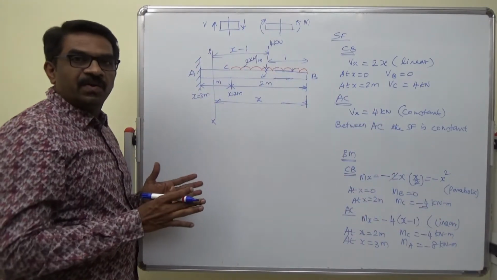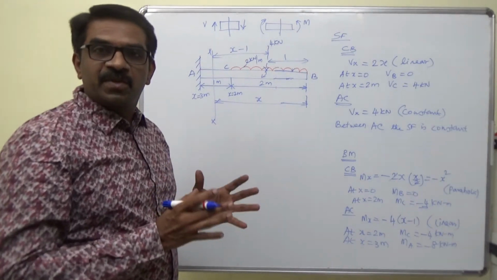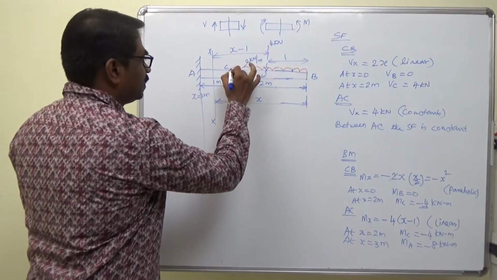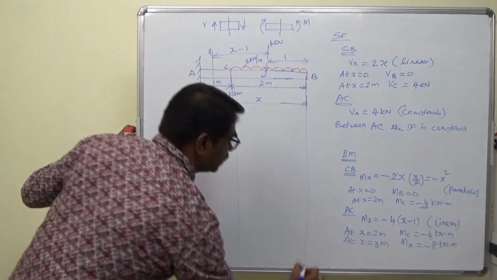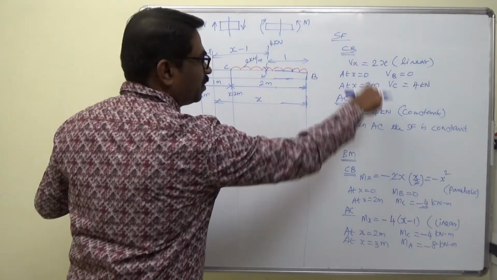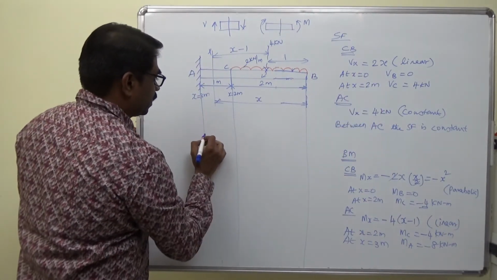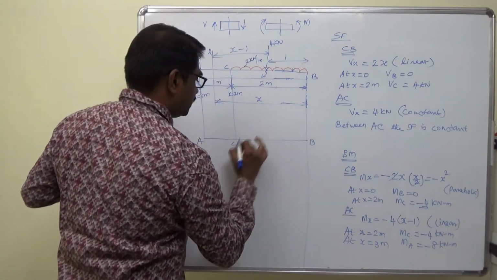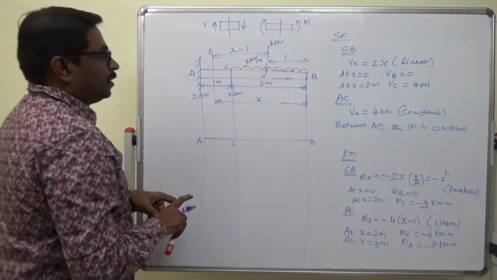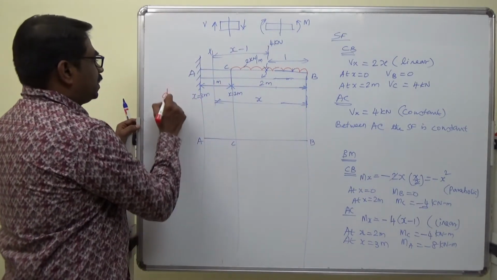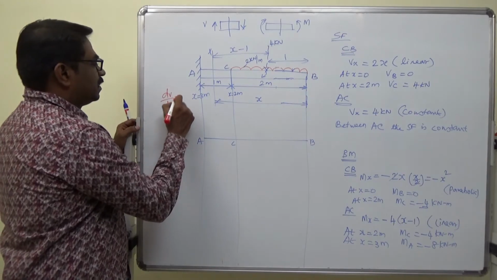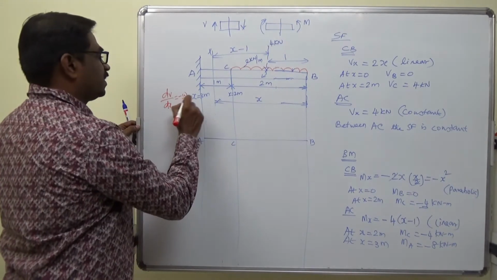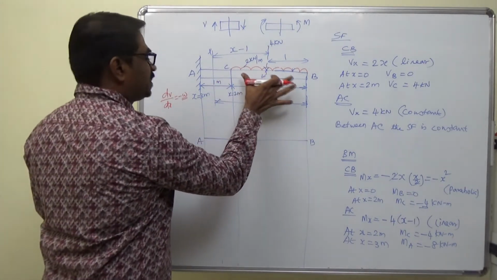Now let me draw the shear force and bending moment diagrams. So I will extend this, also extend this, and also draw this. It's going to be positive, so A, B, C. So you know dV by dx equal to minus W. You have uniformly distributed load, it's constant between CB.